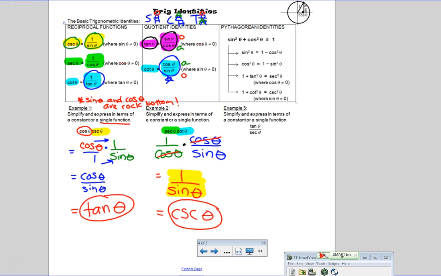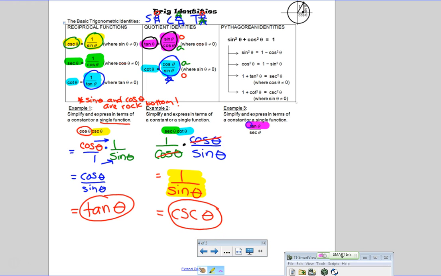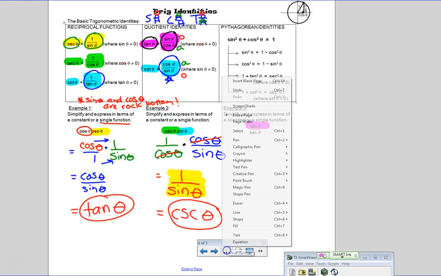Okay, example 3. Again, simplify and express in terms of a constant, that means a number, or a single function. All right, so I have tangent divided by secant. So tangent is my pink guy above, and secant is my green guy above.